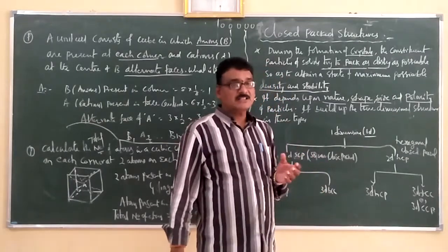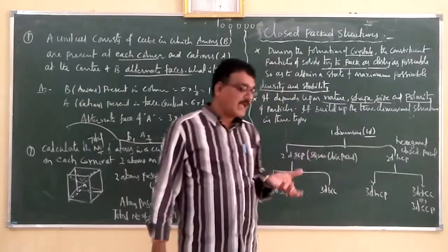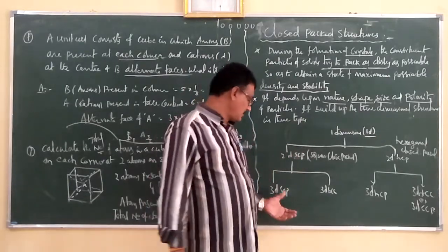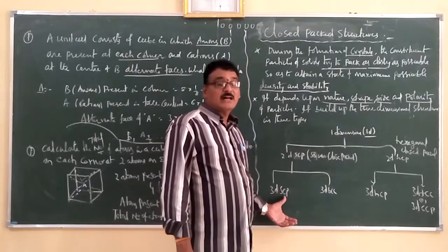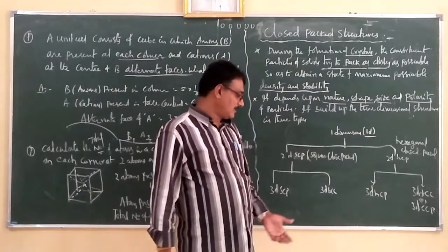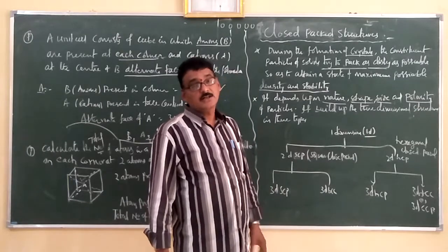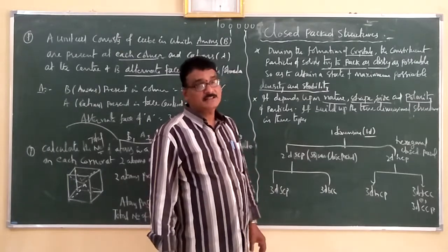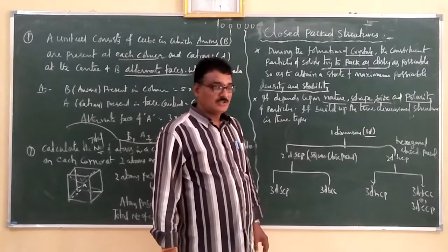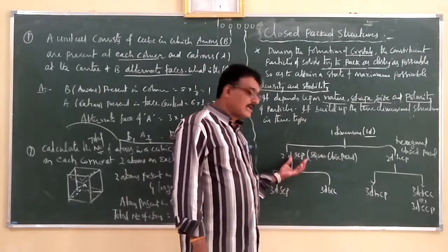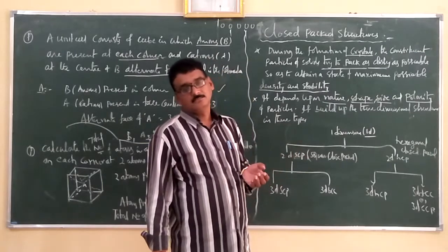Again, two-dimensional square closed packed structures are divided into two types. That is three-dimensional square closed packed structures. The second is three-dimensional body-centered cubic packed structures. So that 3D comes from the 2D.